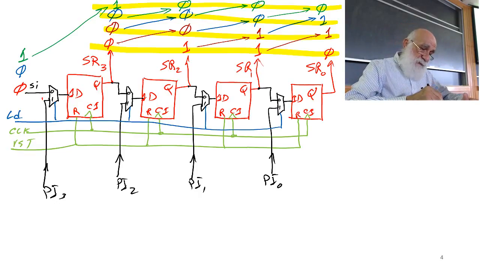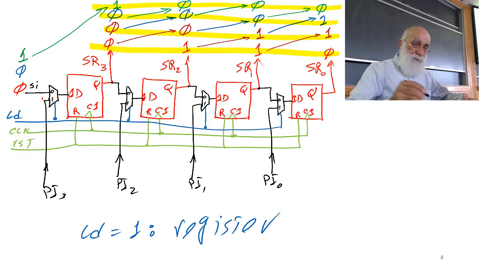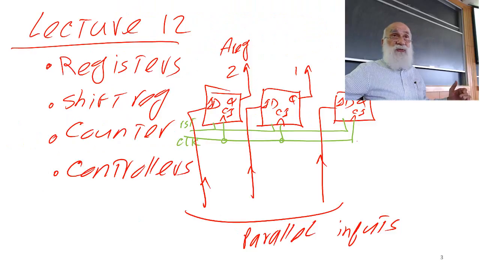Now see how it works. If my load input is 1, then the circuit works just like a register. If load is 1, the circuit works just like a register, like the 3-bit register I was showing over here.